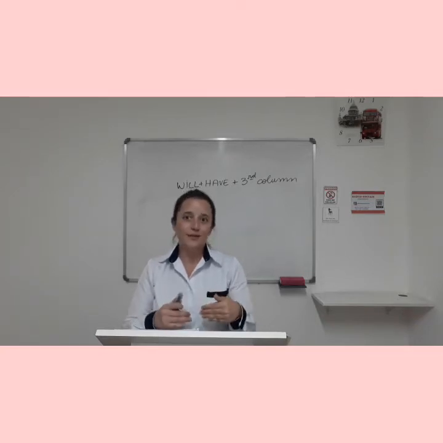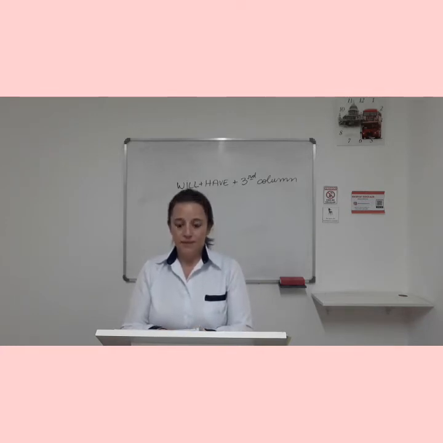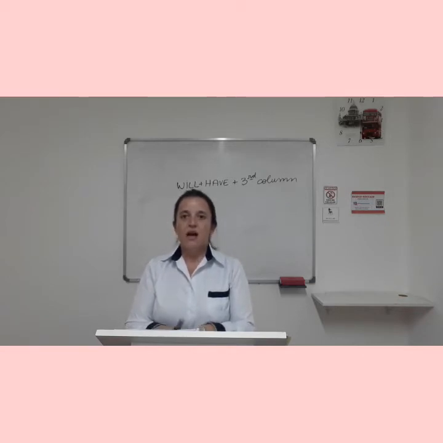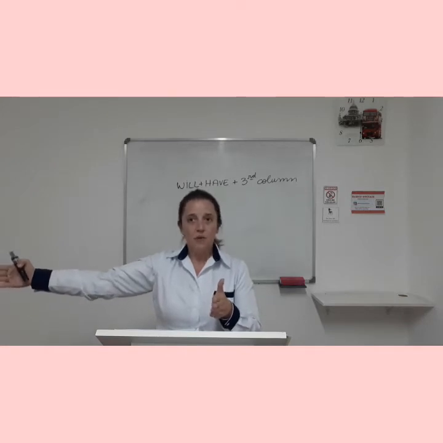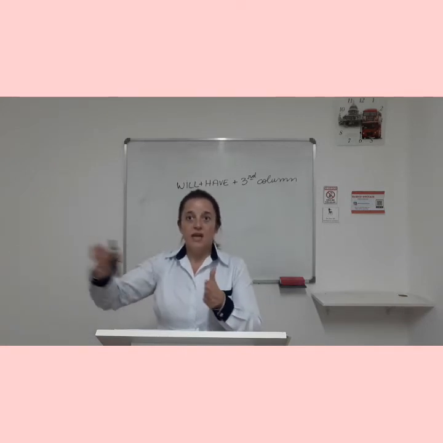We are in 2020, okay, but this book was written last year, so what does this sentence mean? This sentence means that I will study in this school, okay, from now until the year of 2020, okay?